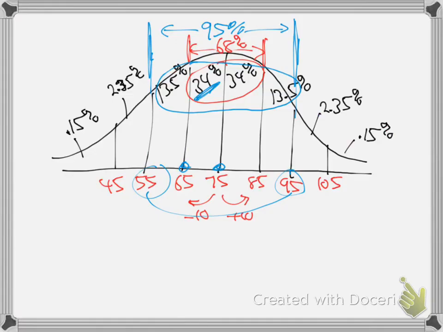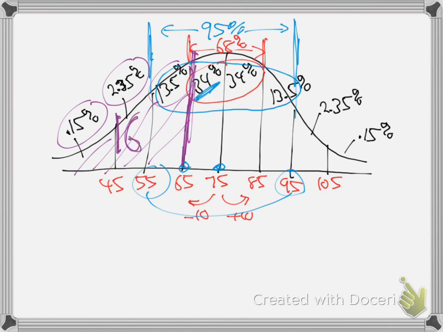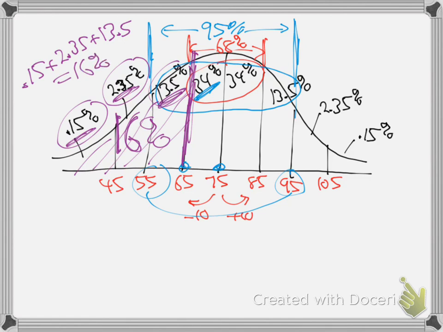Well, I would start on the left and start adding this and this and this, and you'll find it's right here. These all below make 16%. 0.15 plus 2.35 plus 13.5 equals 16%.